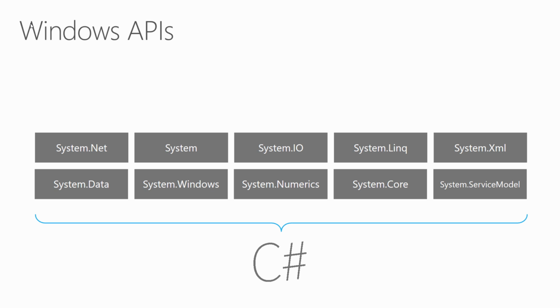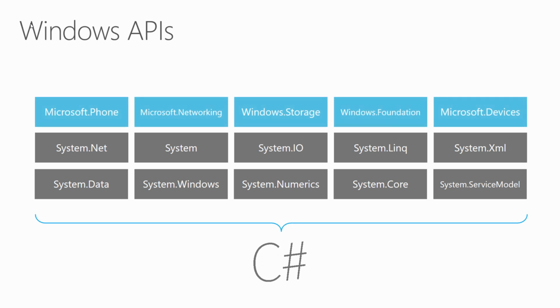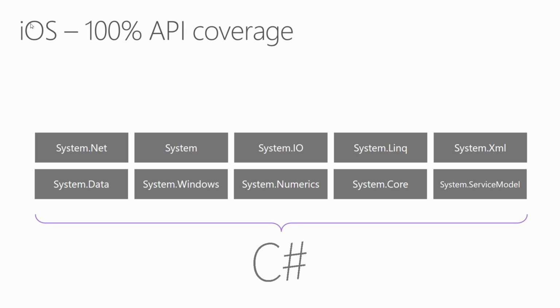And when I wanted to go to a specific platform, I downloaded an SDK and boom, I got platform-specific APIs that I could play around with. Think of it exactly the same with iOS and Android when you're using Xamarin. You get all that .NET goodness on the bottom that we brought over, running on the Mono runtime, which is a super optimized .NET runtime for iOS and Android.